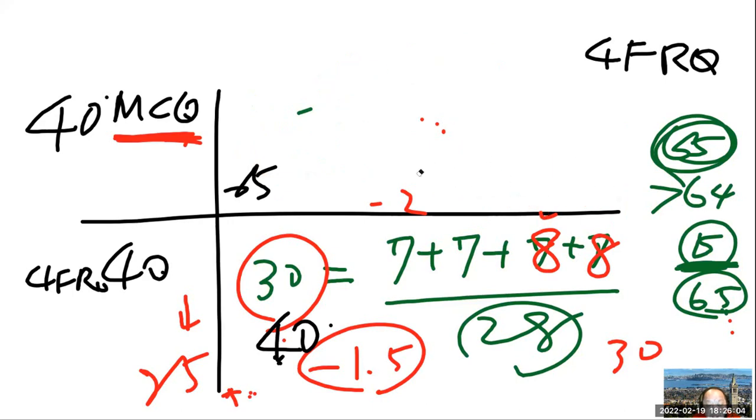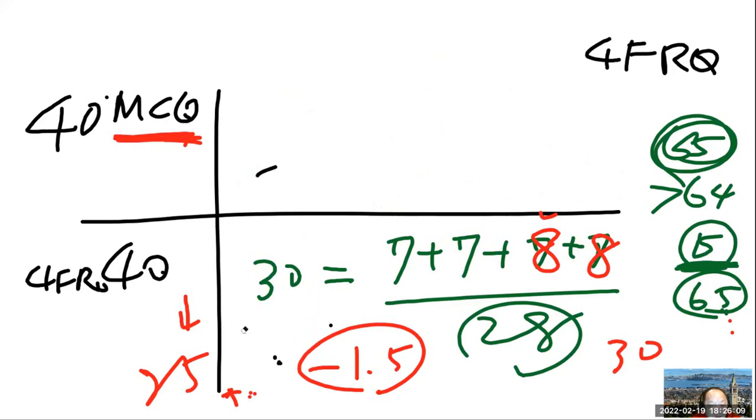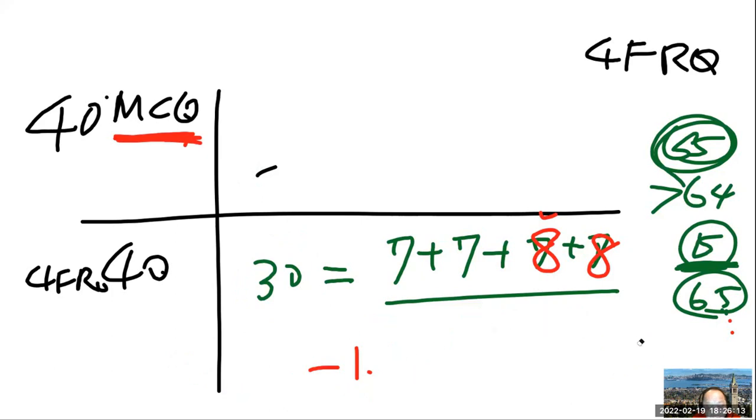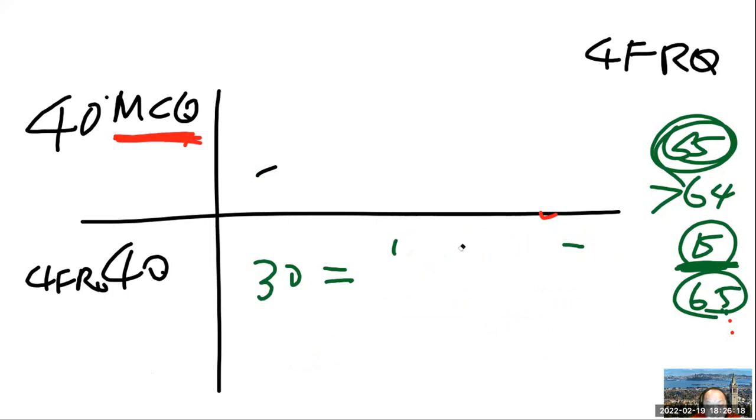So 7, 7, 8, 8 is the minimum you need to try to get. That will give you 30 points, okay? Now, usually the 4 problems are not the same, so you don't get 7, 7, 8, 8. The suggested breakdown for the 4 problems would be: the easy 2, you should get 10 and 10. Try not to have any error. And then the medium one, you get 7.